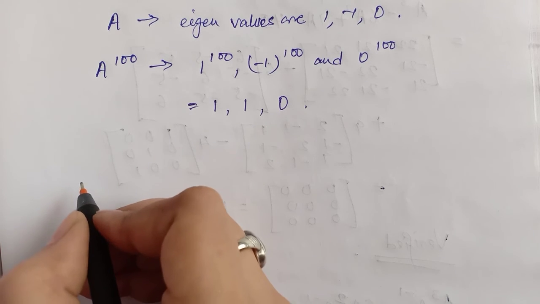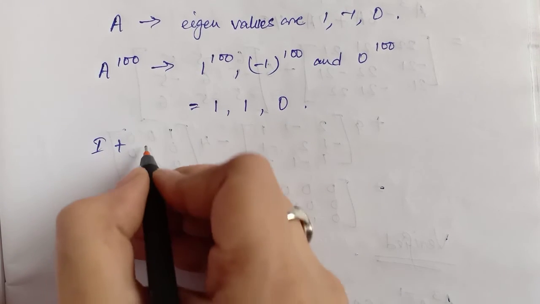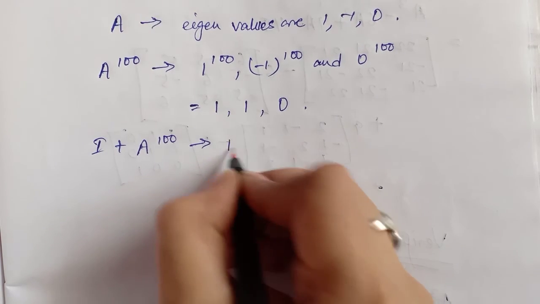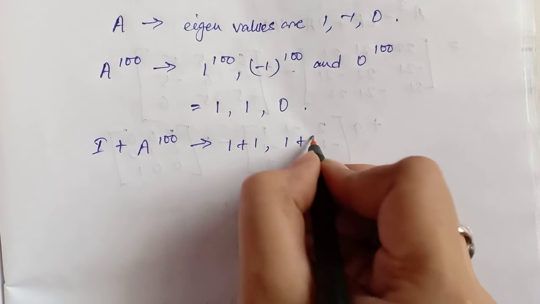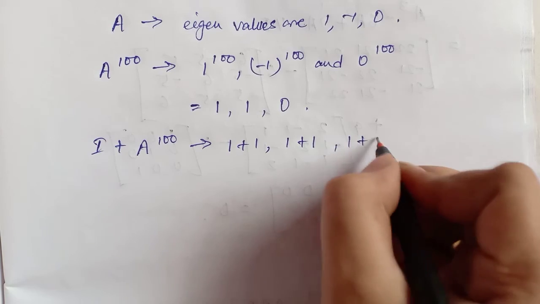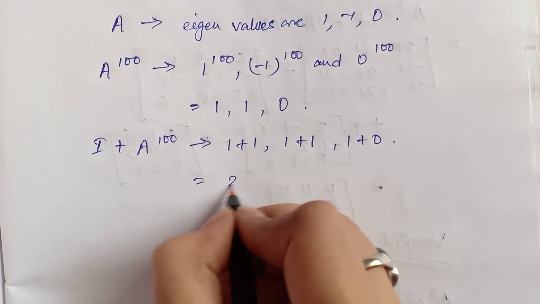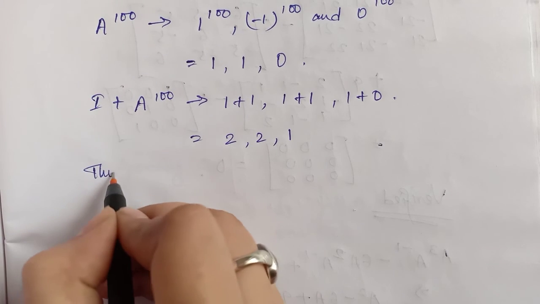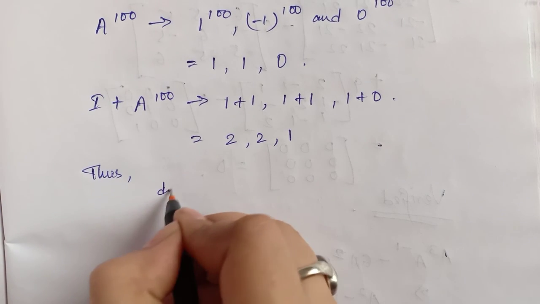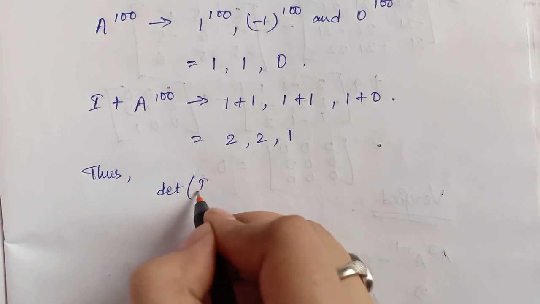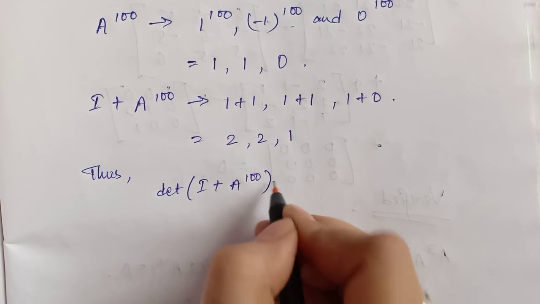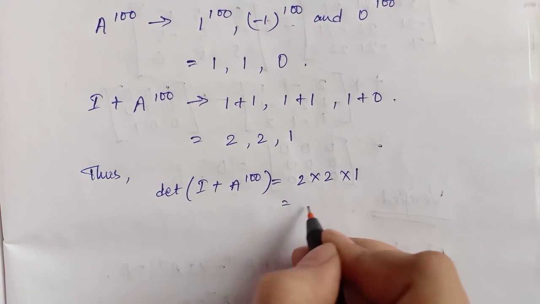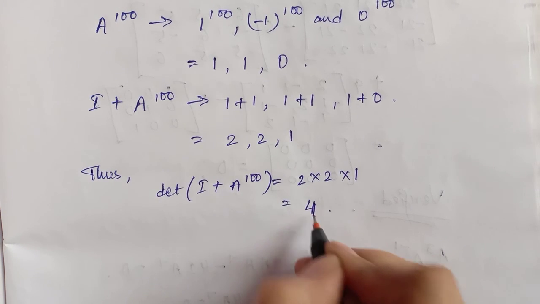Now the eigenvalues of the matrix I plus A to the power 100 would be 1 plus 1, 1 plus 1 and 1 plus 0, which are 2, 2 and 1. Thus, the determinant of I plus A to the power 100 equals 2 into 2 into 1, which equals 4.